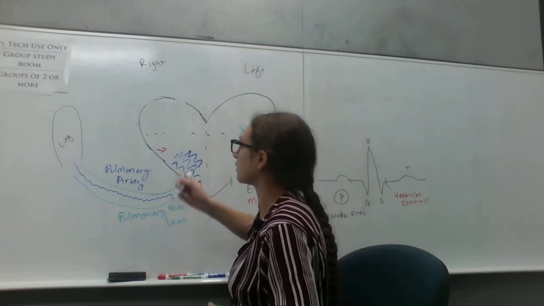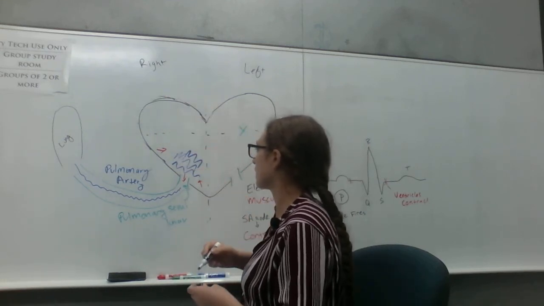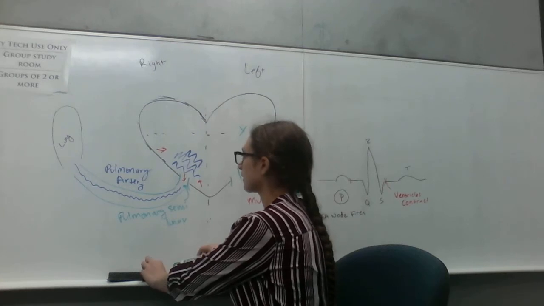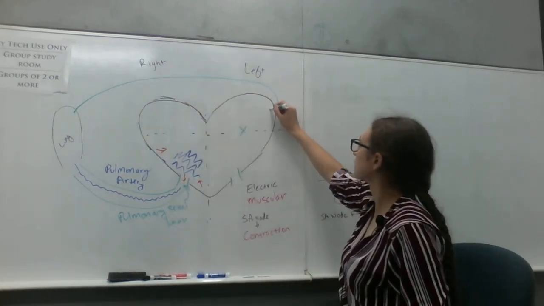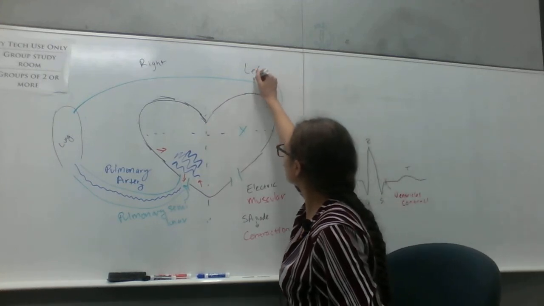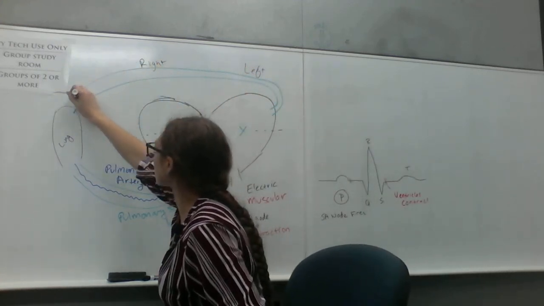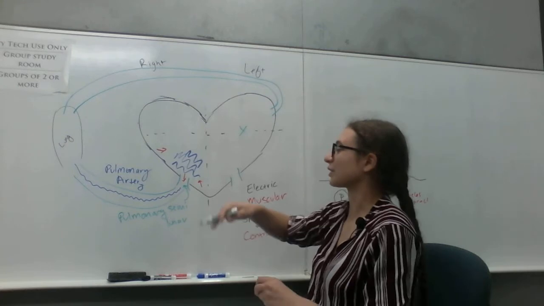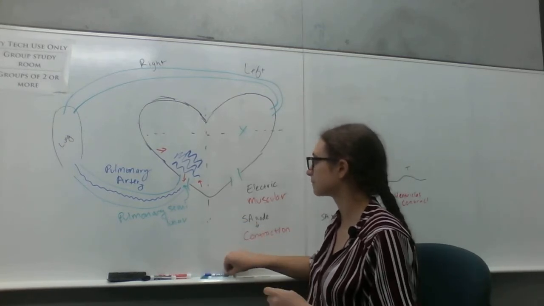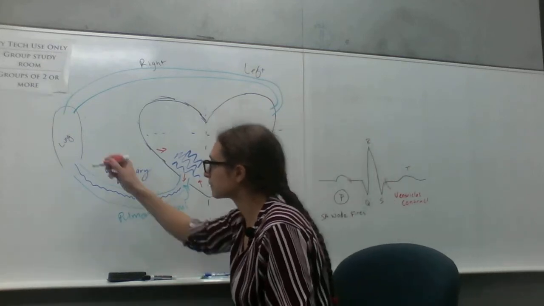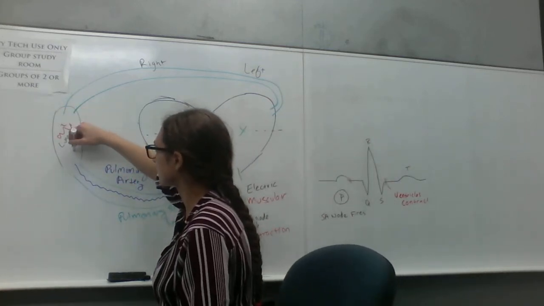So the next one, we're going to go from the lung to the left atria. And what is this called? It doesn't really go this far above the heart. Oh, okay. So, is this when the blood has been oxygenated? Yep, after it's been from the lung.